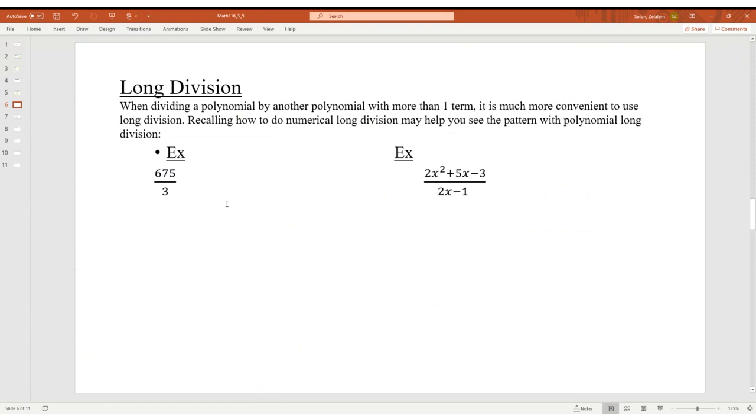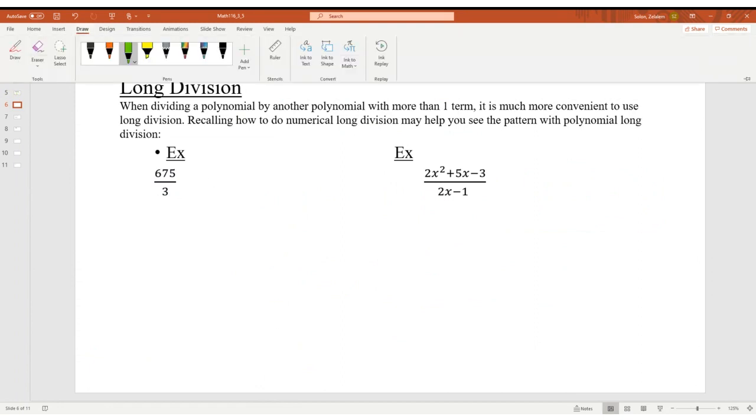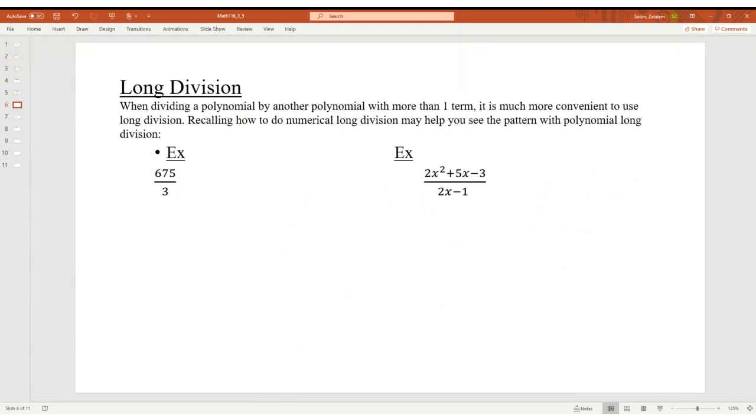Okay. Now, let's start this problem. The one on the left is long division in numbers. When you do long division, the numerator goes inside here, 675, and the divisor 3 goes outside here. We do the same for the polynomial. So I need a space here.